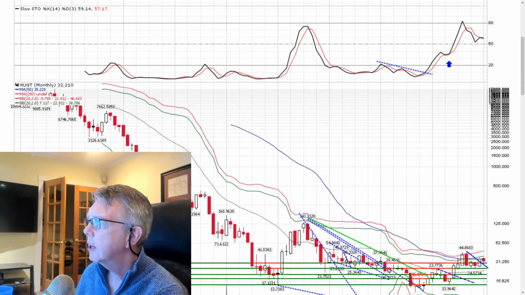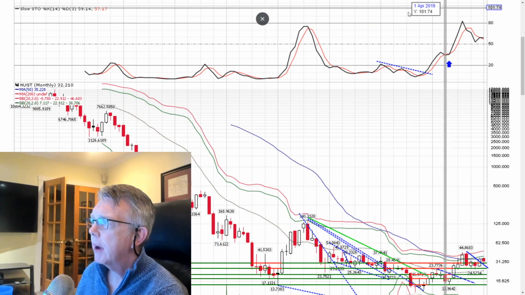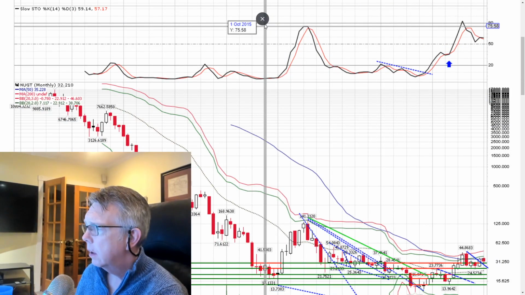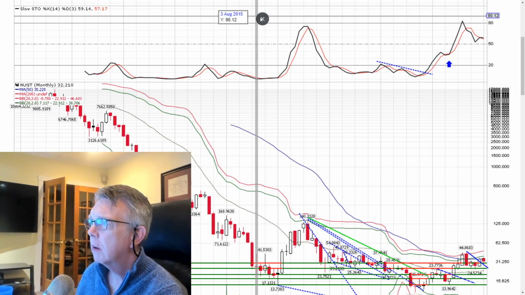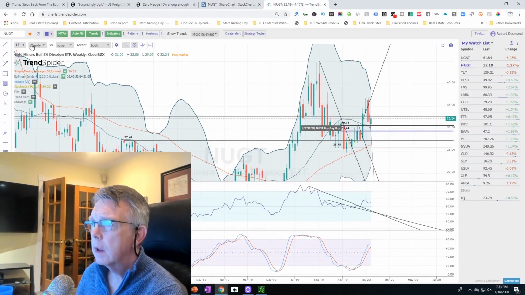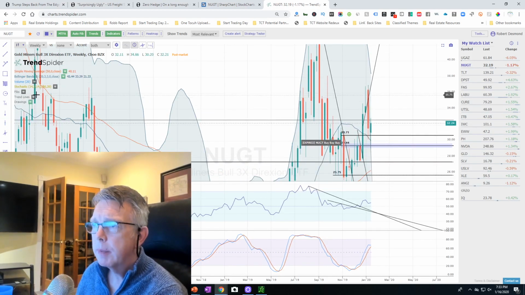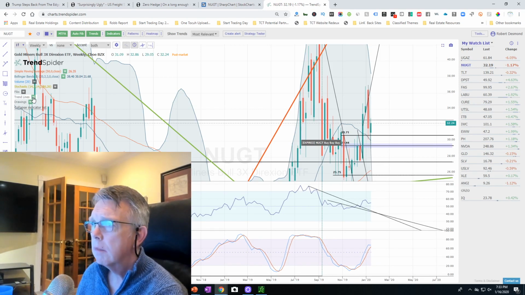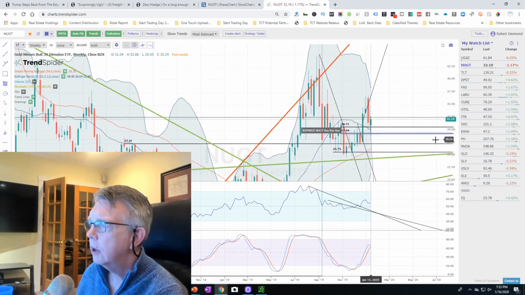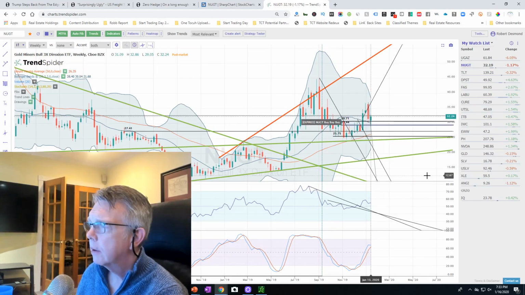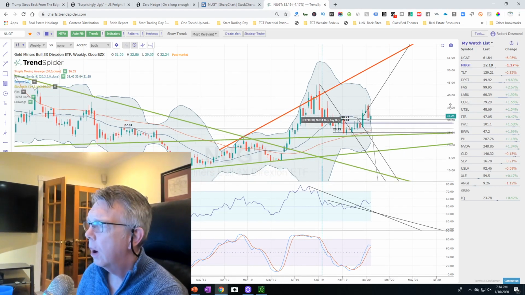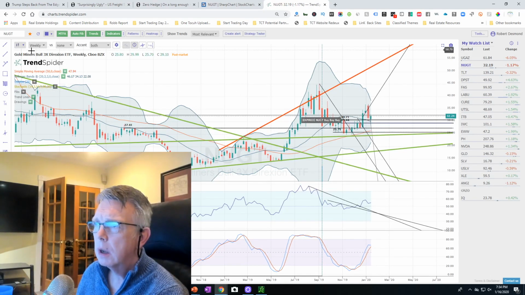So now let's go over to TrendSpider. My longer term price target, again, is around $60 a share. Let's see what TrendSpider has to say here. We'll bring up their automated trend lines. Nothing much. I don't think their algorithm is all that good for leveraged ETFs.